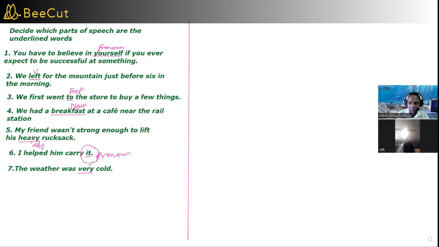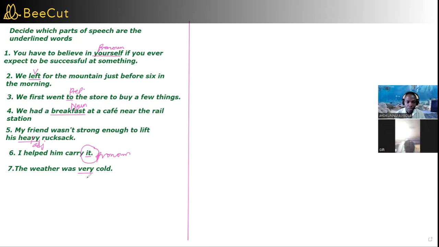Adjective. For an adjective, it must do what? It must describe a noun. But this is not describing a noun here. So this is an adverb.